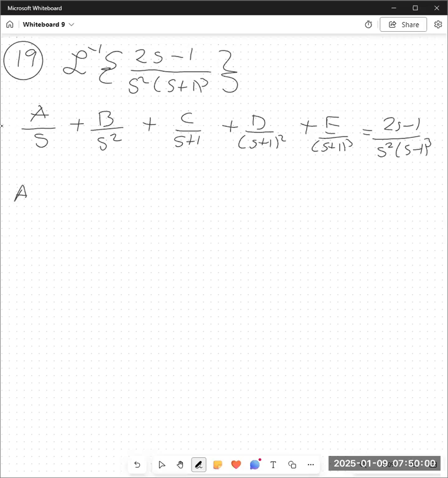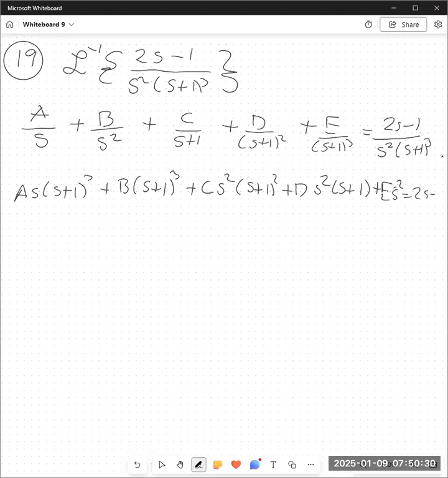So that gives us a times s, plus 1 cubed. So b times s plus 1 cubed plus c s squared times s plus 1 squared plus d s squared times s plus 1 plus e s squared equals 2s minus 1. And I am going to multiply all that out.